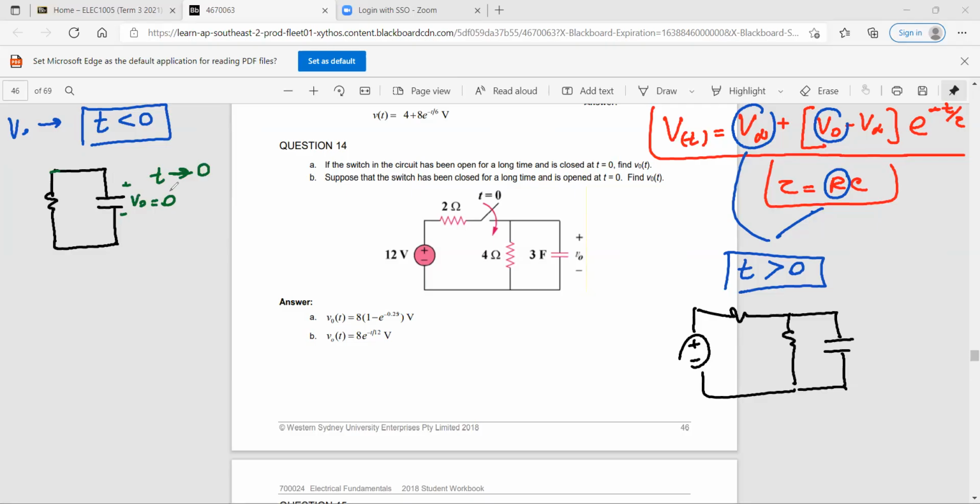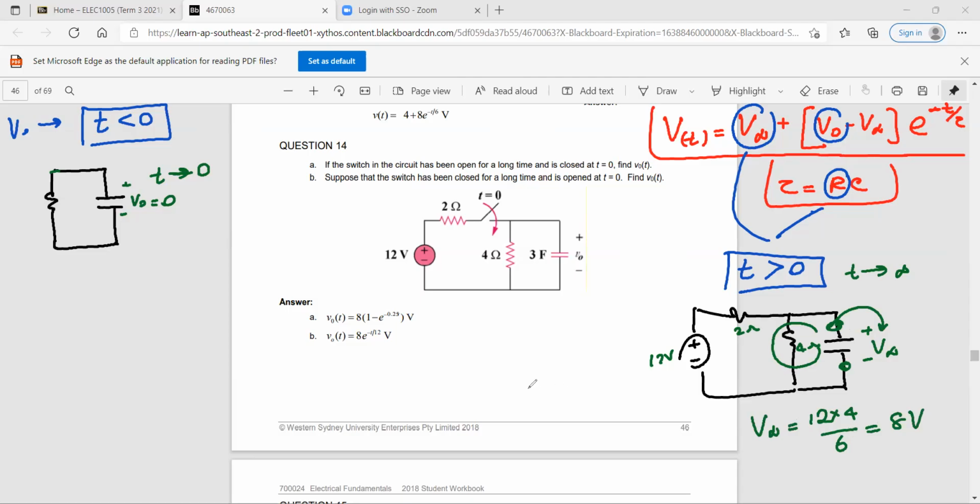So when the time goes to infinity, this will become open and the voltage V infinity will be the voltage across the 4 ohms, isn't it? So V infinity is 12 times 4 divided by 6, which is 8 volts.